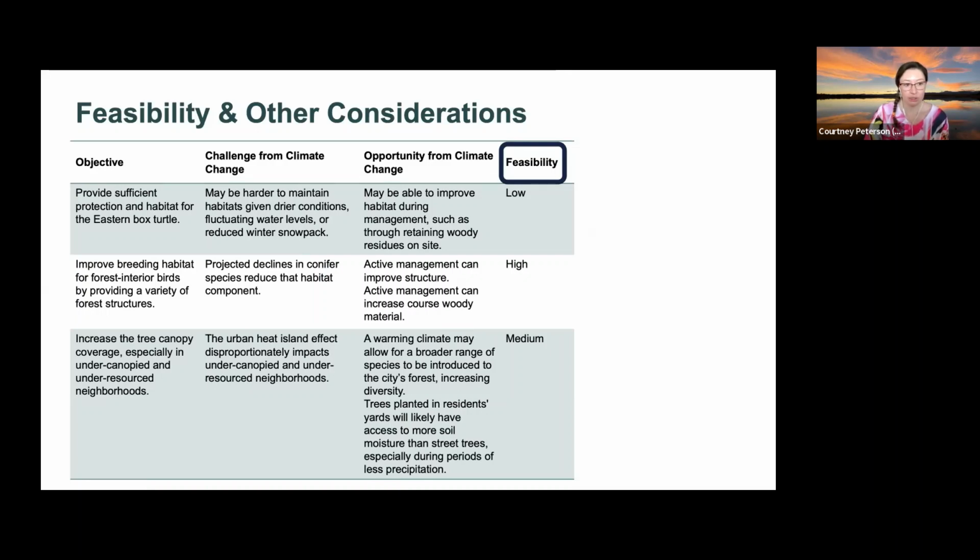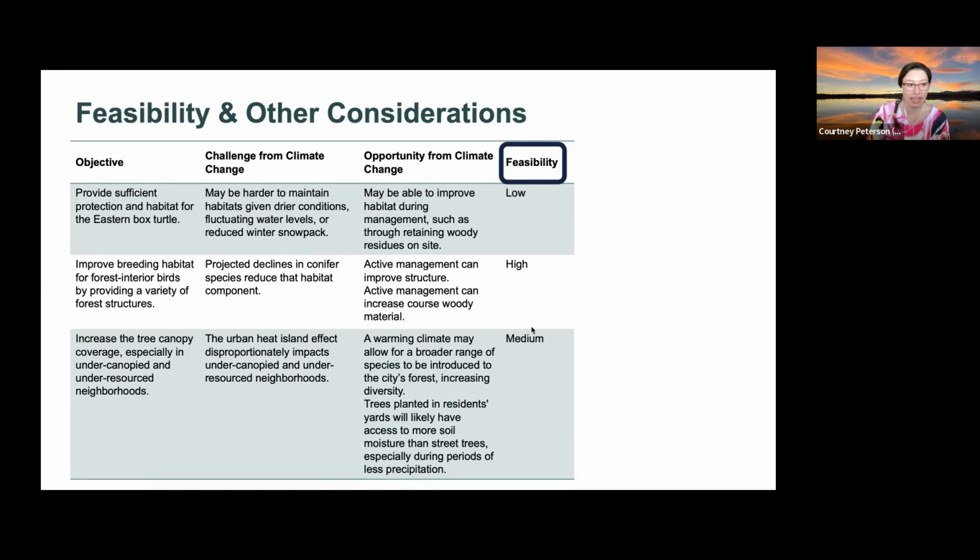And there is the opportunity for management to improve habitat, but those challenges are probably going to outweigh that opportunity. So the feasibility is low. However, it's probably important for us to maintain eastern box turtle habitat for our project. So then it's up to us to decide, do we want to maintain this as a goal and objective moving forward? Or is this something we reevaluate based on our project and our management goals and objectives?